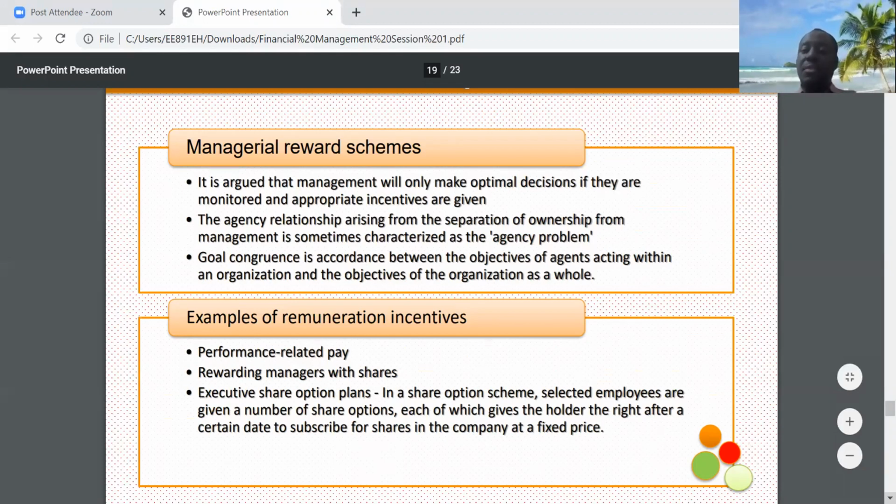So you give company shares to a group of employees who have the right to subscribe to it at a fixed price at a certain date. So that is executive share option plans.